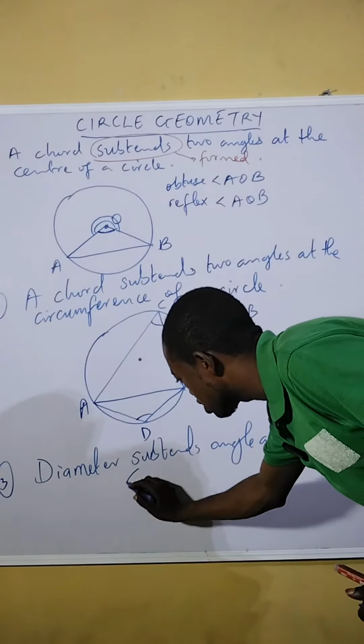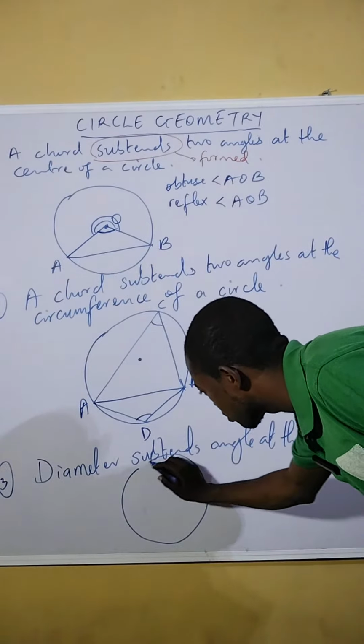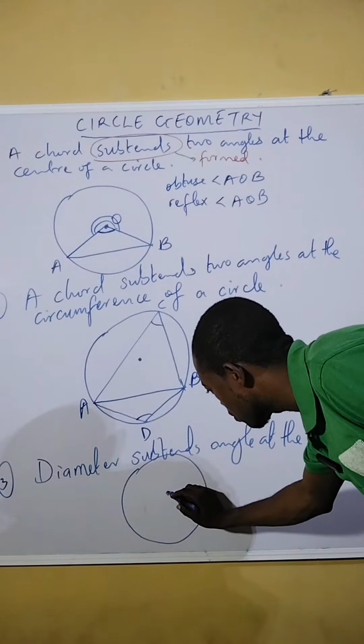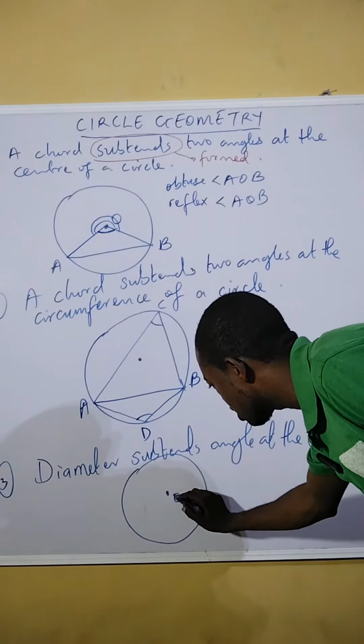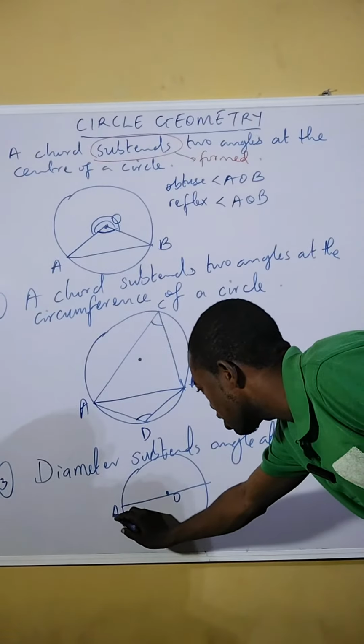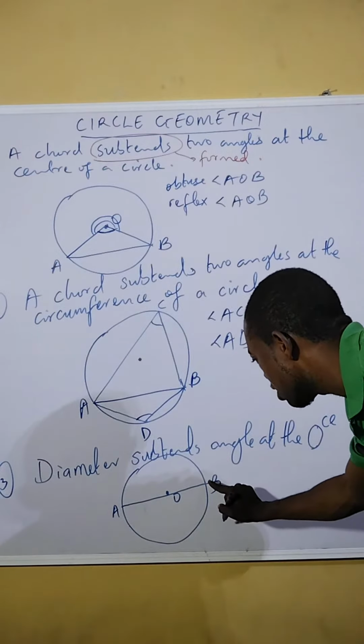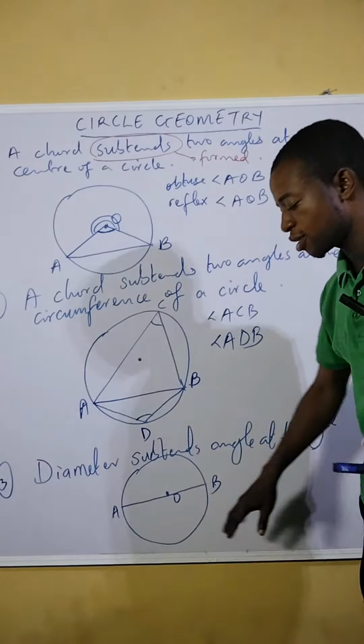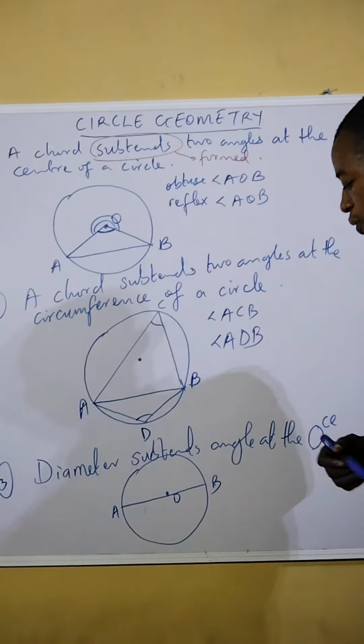So let's consider this diagram. We have the circle with center O. Don't forget that a line passing through this center is the diameter. So this line AB here is the diameter, and this diameter has divided this circle into equal parts.